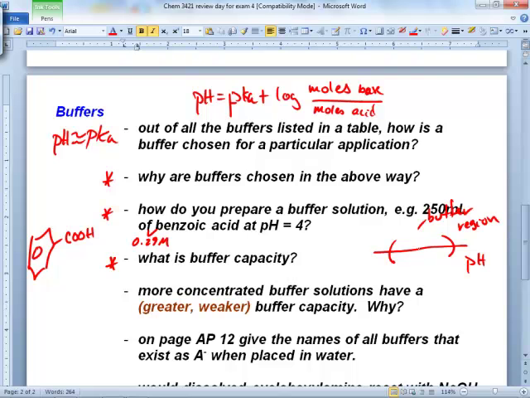And right in the very middle is where the pH equals the pKa. So that is my pH equals pKa mark. Okay, so you can go so far below the pKa, so far above the pKa, buffer region. That's not buffer capacity. If you go outside the buffer region, it's no longer buffering, right? But what's buffer capacity?